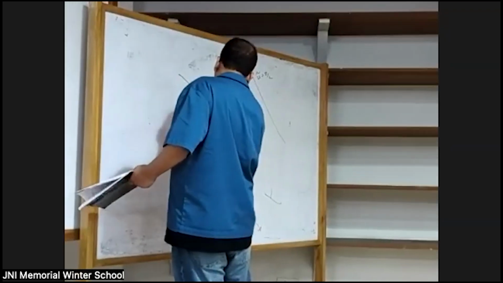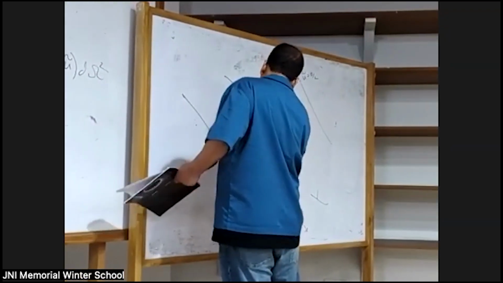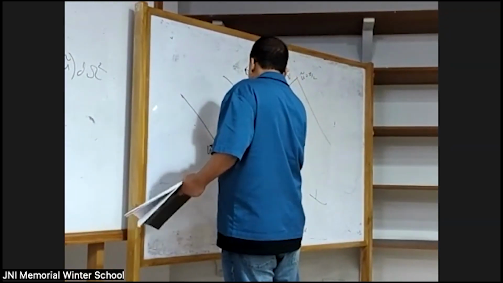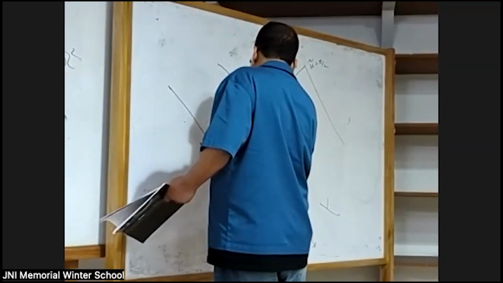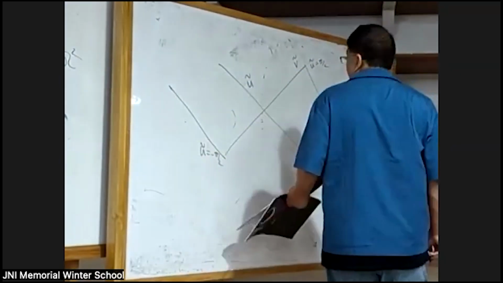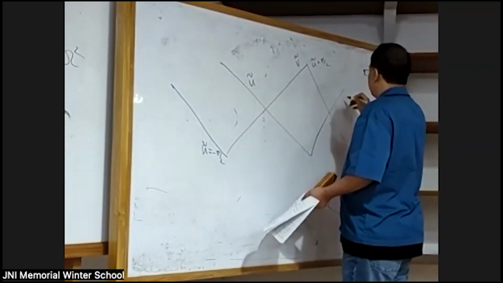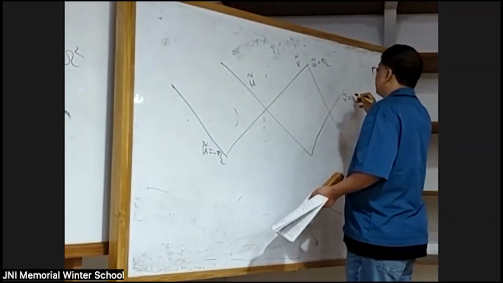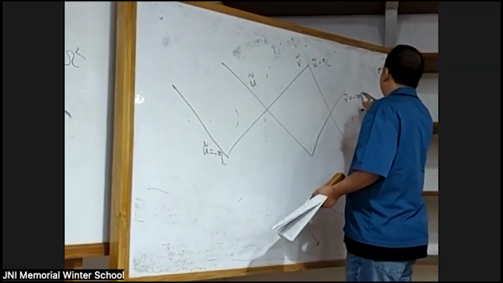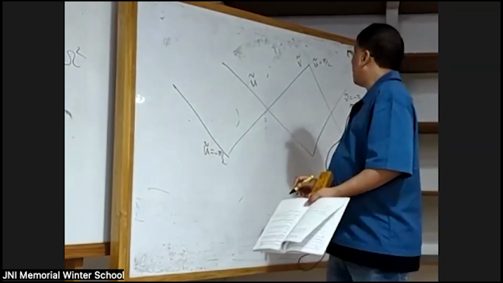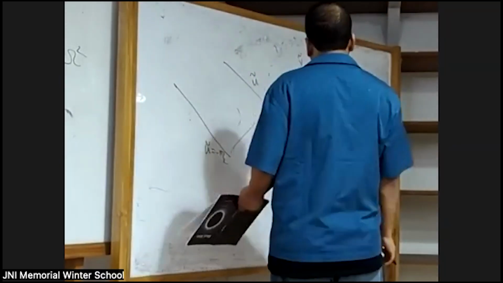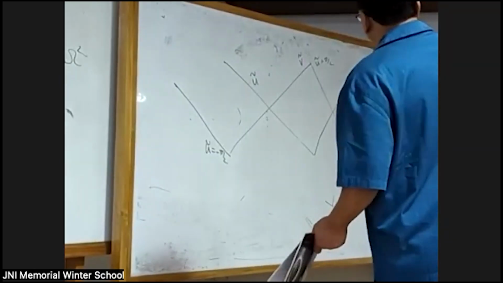This is u tilde is equal to minus pi over 2. This is v tilde is equal to minus pi over 2. Wait, is that right?